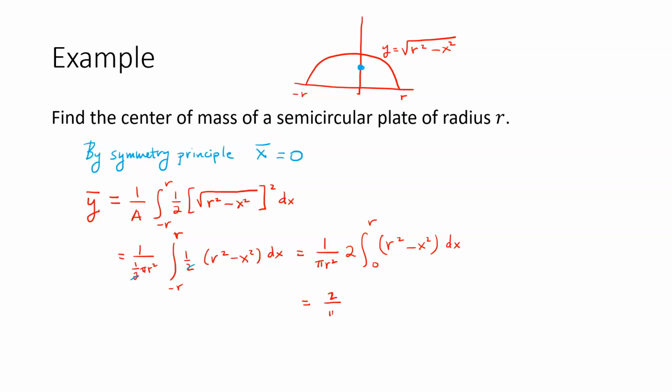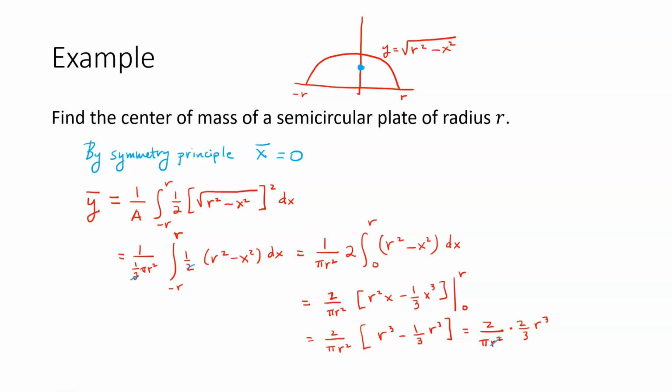So we got 2 over pi r squared. And then integrating here, we get r squared times x minus 1/3 x cubed, evaluated from 0 to r. So that'll be r cubed minus 1/3 r cubed. So that'll be 2 over pi r squared times 2/3 r cubed.